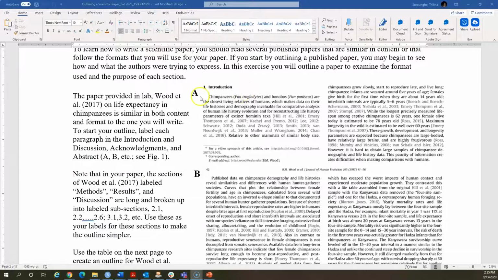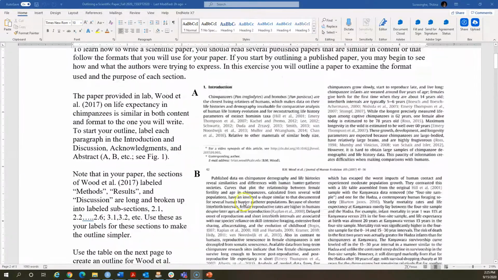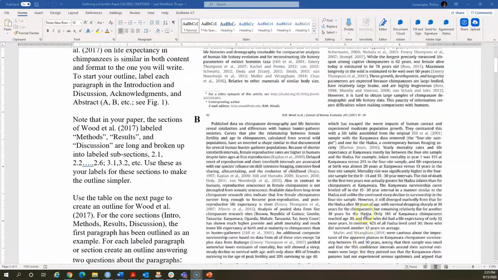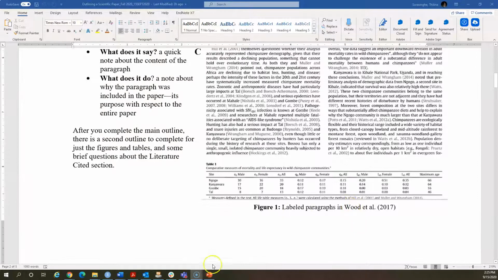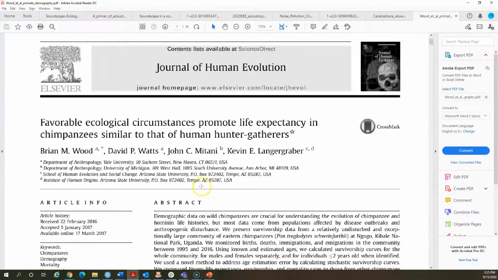So like you see, introduction, this is A, B, right? And then the third one is C, right? And this will be D, E, F, right? Like that. And then let's go to the actual paper, right?